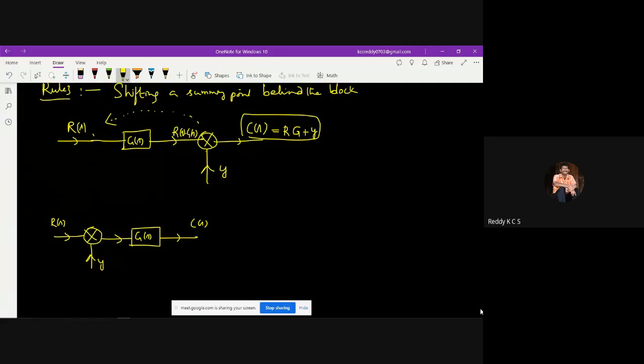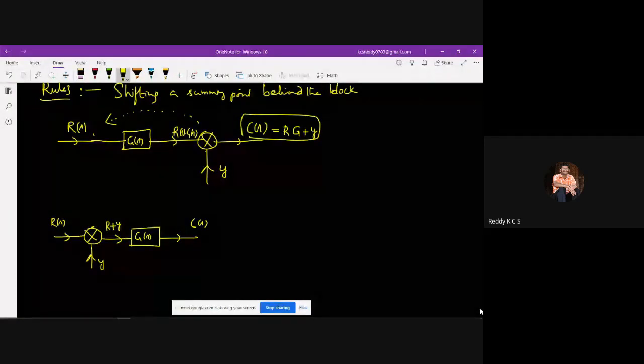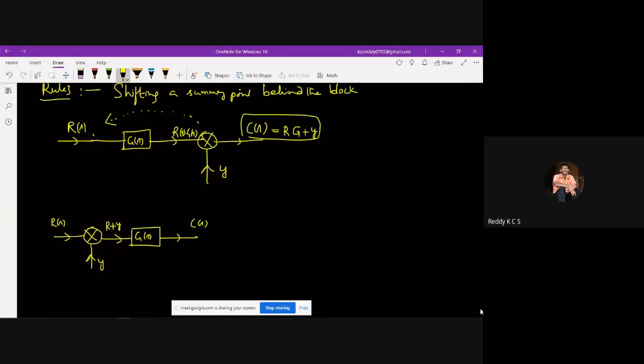At the summing point, r of s plus y are added. The output of the summing point is r plus y, and this will be the input to g. So the output C of s is equal to r plus y into g of s.